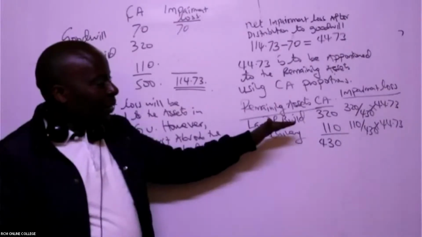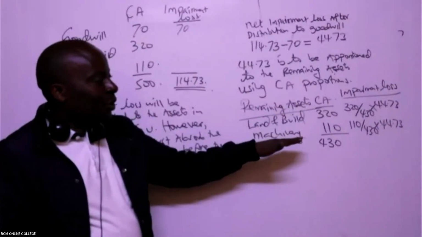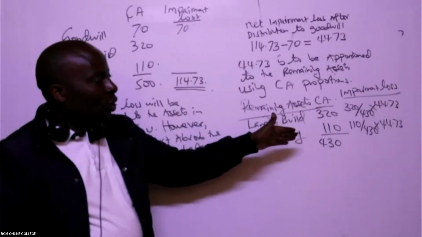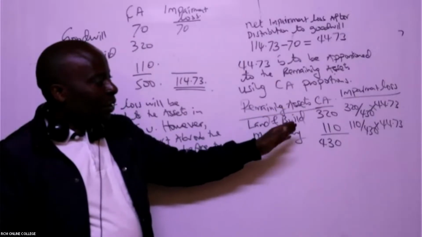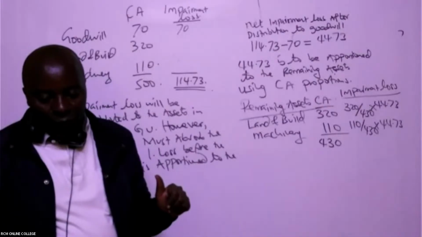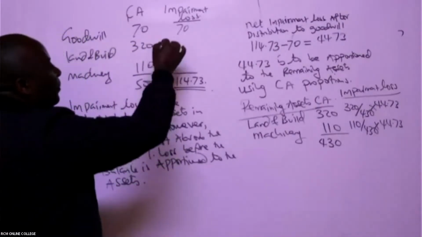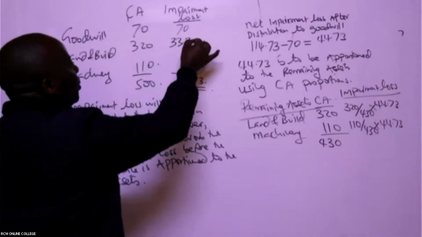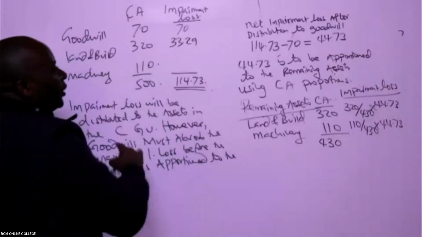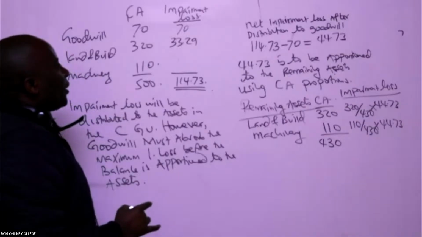So basically the remaining carrying amounts get fractions, proportions: 320 over 430 times that, 110 over 430 times that. So the first one is supposed to be 33.29.